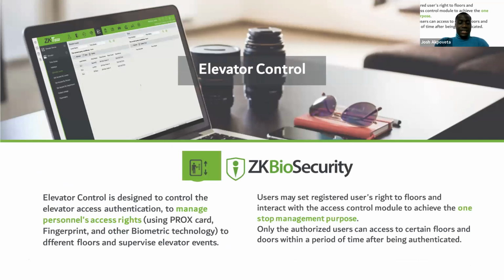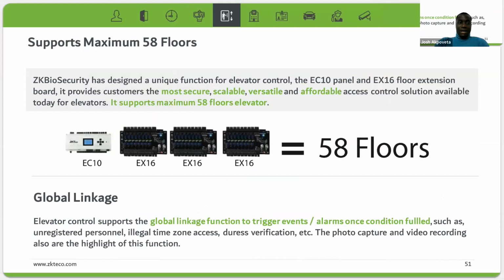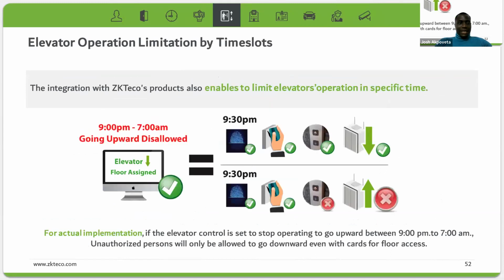Another feature of biosecurity is the elevator control. Elevator control simply manages the elevator. So if you have different kinds of elevator, whether the destination point elevator or another kind of elevator, the elevator control can manage that. And these are some of the features you get with the elevator control.